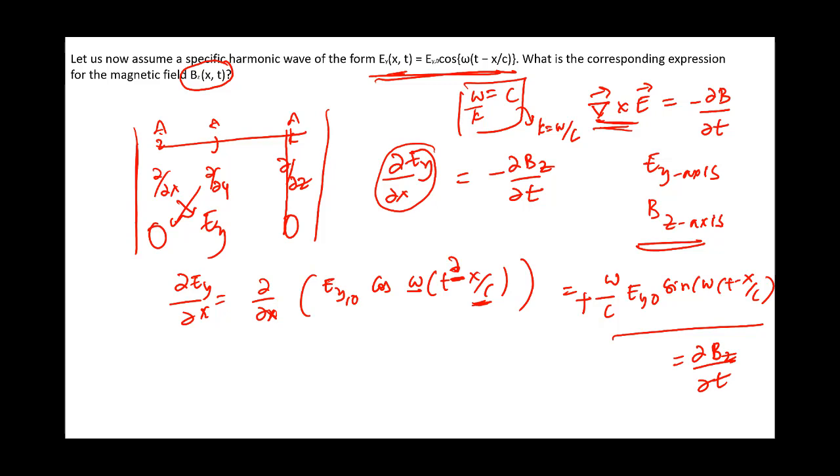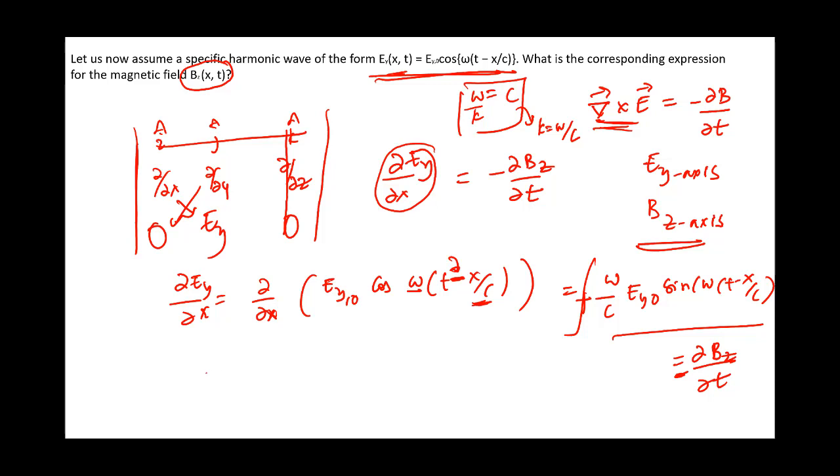So if I integrate this in time, I should get the magnetic field back. And there is a minus sign here. If I do the integration of sine, I would get negative cosine.